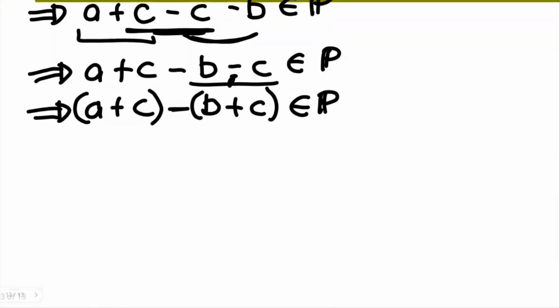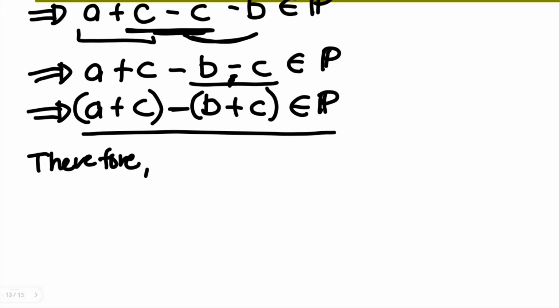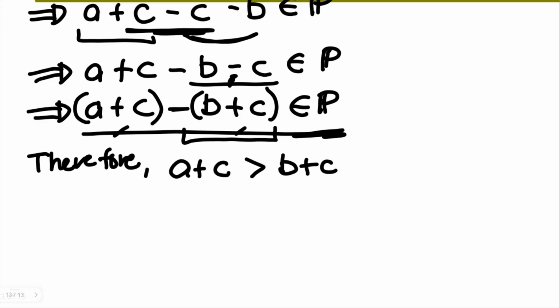Therefore, we can now say that A plus C is greater than B plus C, following the definition of the set of positive real numbers, because no matter how small or large these two can be, as long as their difference is positive, it entails that the second, which we call the subtrahend, is always smaller than our minuend.